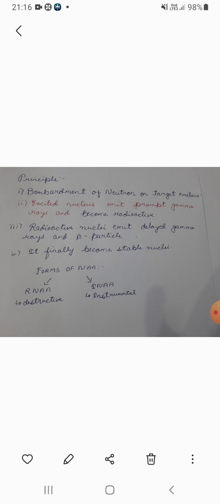And the special feature of NAA is that it is a non-destructive technique, so it is used on historical artifacts.